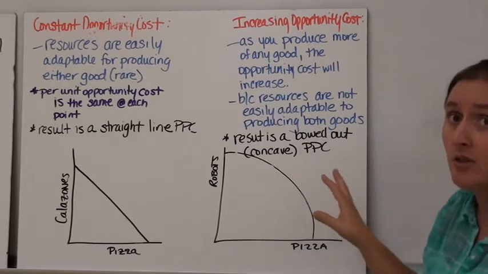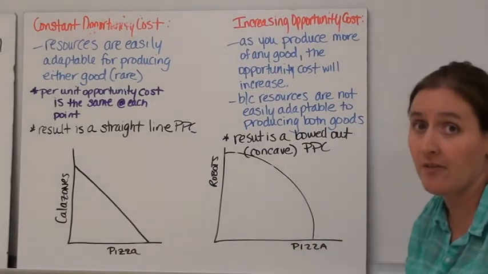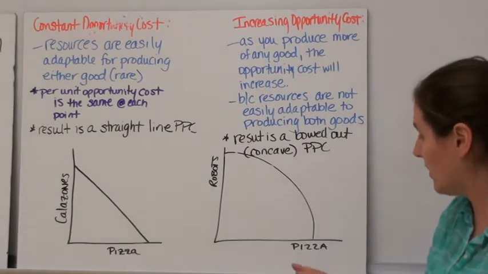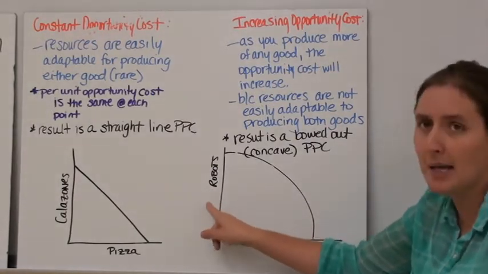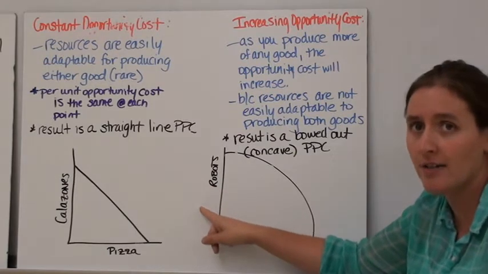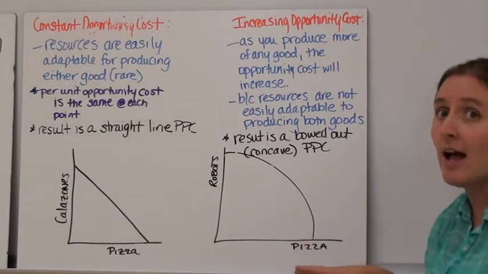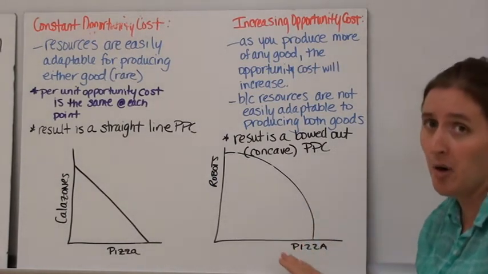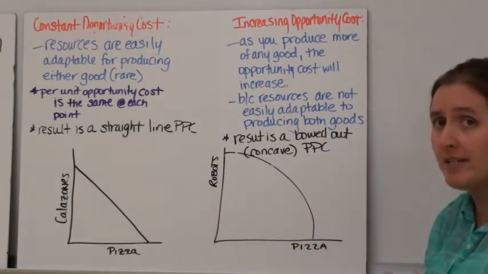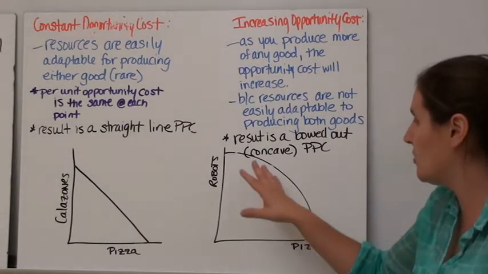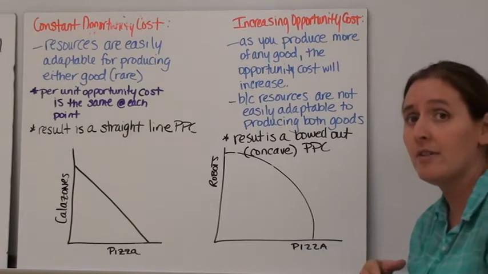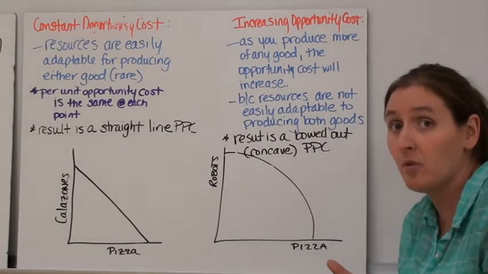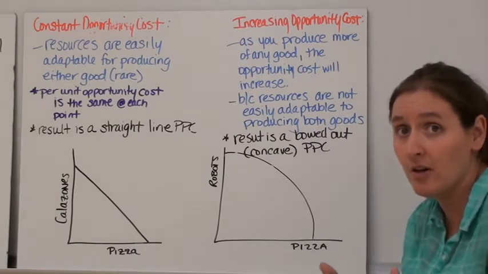This happens when the 2 goods that you're looking at are different, and the resources used to make them are different. For example, robots and pizzas. Robots take metal and machinery and a certain kind of technology to make. Pizza takes flour and tomatoes and cheese and things like that. 2 totally different products. So if you own the business, you're making robots, and then as you shift towards making pizza, you're going to have to revamp your factory, change maybe some employees to ones that have better skills.